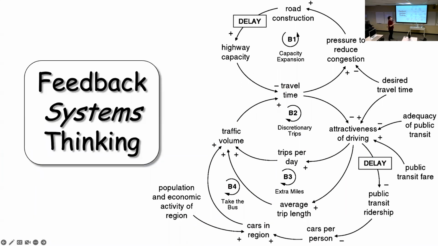So you want to reduce congestion, great, but by doing so, public transit ridership will probably end up being less, because more people will be willing to drive. That's going to affect your public transit, and it's going to affect the average trip length. So there's all sorts of things that factor into it.